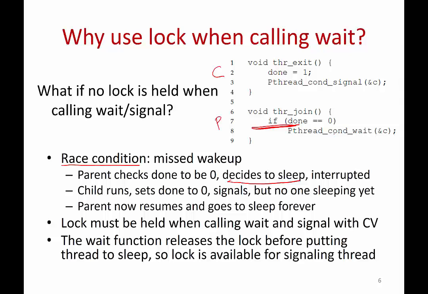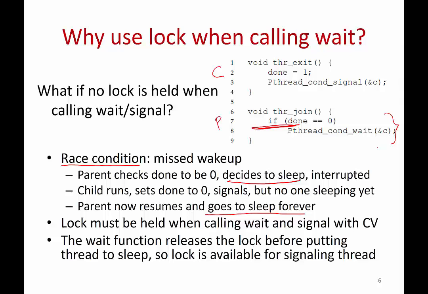So it will go ahead and go to sleep. And now what has happened? Who will wake up the parent? Nobody will wake up the parent because the child has already said signal. It's done. So now the parent will sleep forever, right? So this is a bad thing to happen. So what went wrong? You do not want to be interrupted here, right? This is a very bad time to be interrupted. Once you've decided to sleep, you must sleep, right?